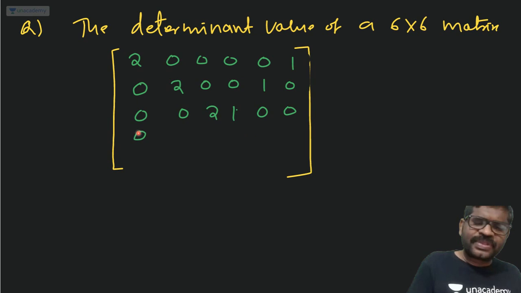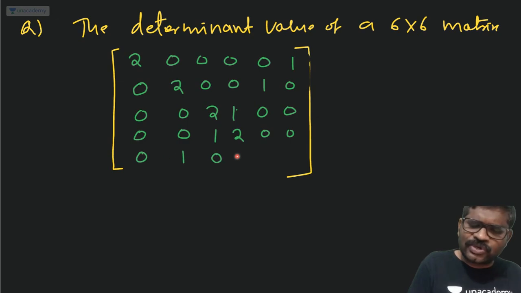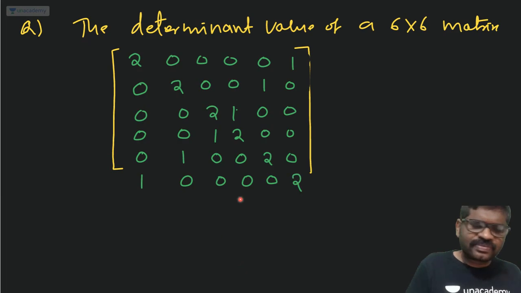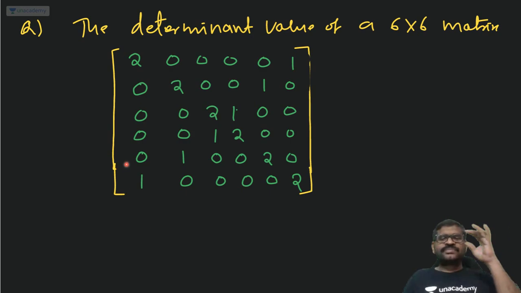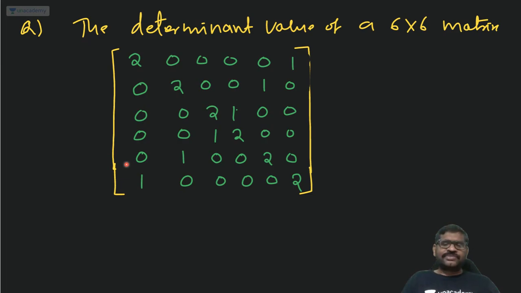Now 0 0 1 2 0 0, 0 0 0 1 ..., 0 0 2 0, 1 0 0 0 2. You got 7 columns?